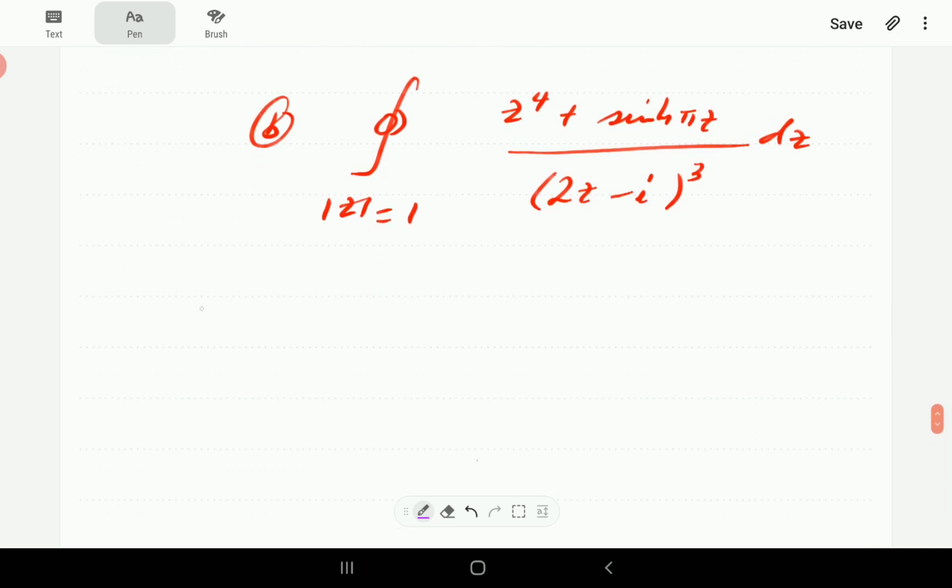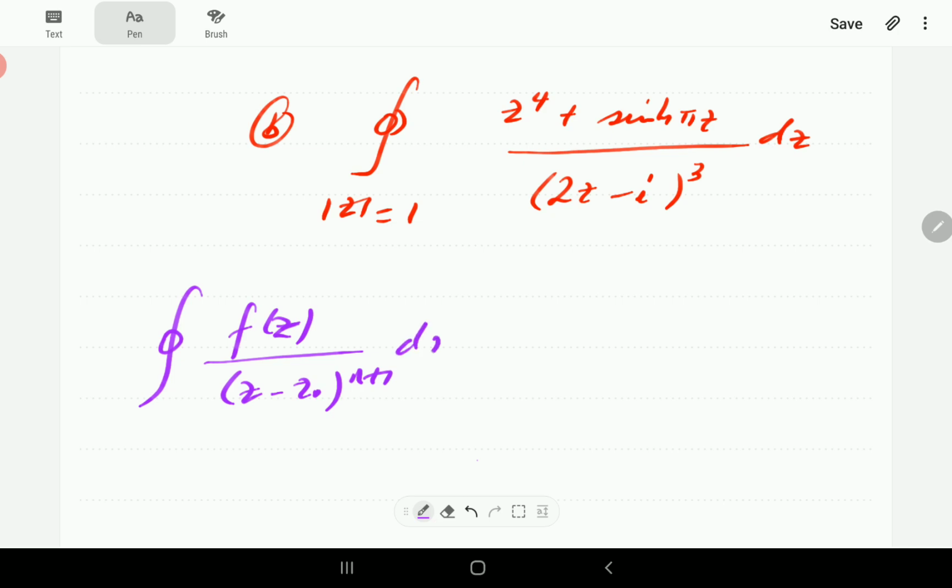Now again, if we compare this with Cauchy's integral formula, the second one, 2 pi i, we can see that in this case n plus 1 is 3, so that means n is going to be 2.